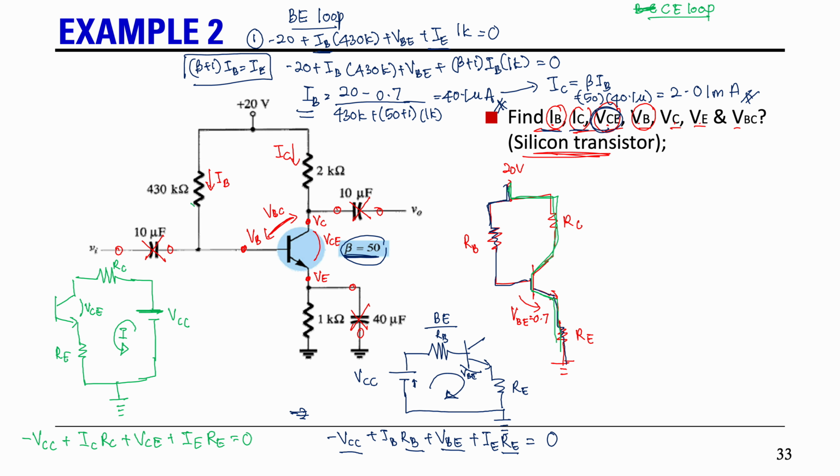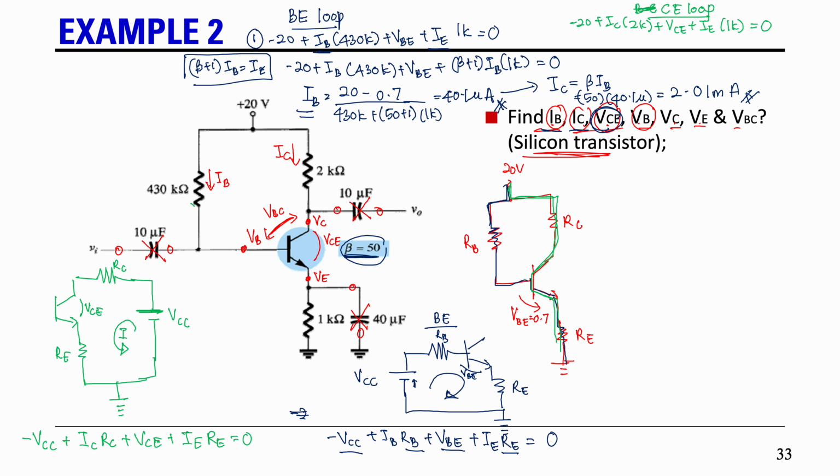So I write it here. Your equation is going to be negative 20 plus IC times RC, which is 2K, plus VCE, the one that we need to determine, plus IE times 1K equals 0.